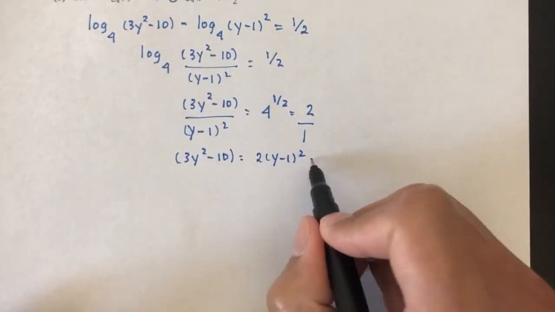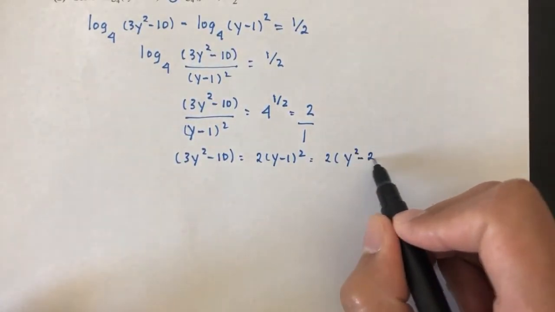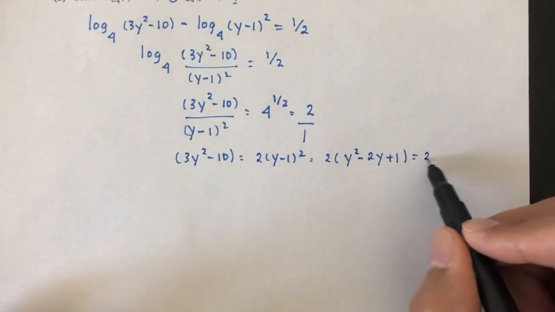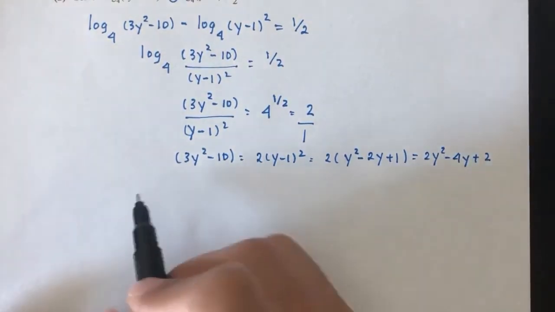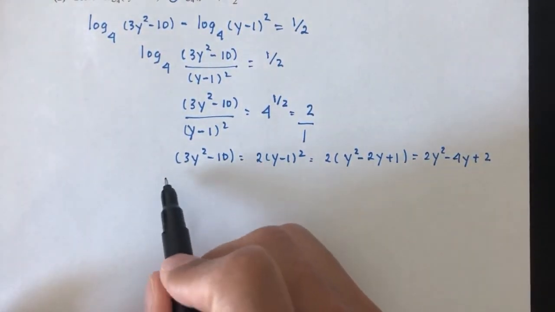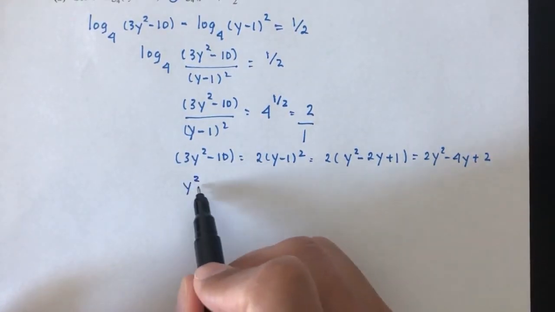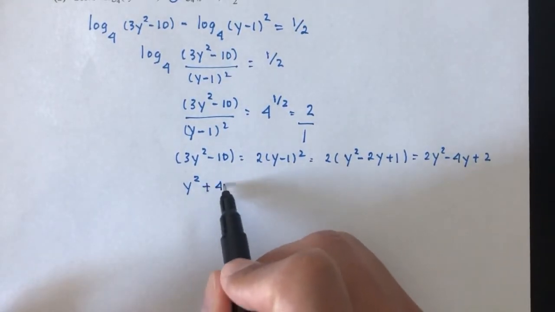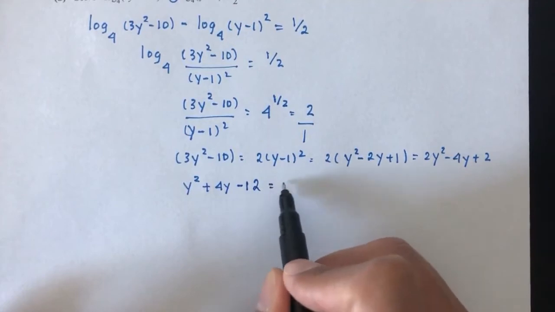So let's expand the brackets here. Here comes 2y squared minus 2y plus 1, which is 2y squared minus 4y plus 2. Now simplify, we have 3y squared minus 2y squared, that will be y squared, minus 10, so this becomes plus 4y, and we have minus 10 minus 2, minus 12, equals 0.